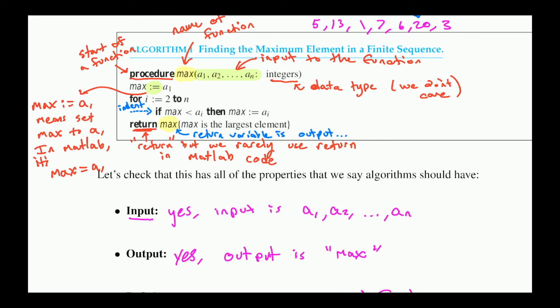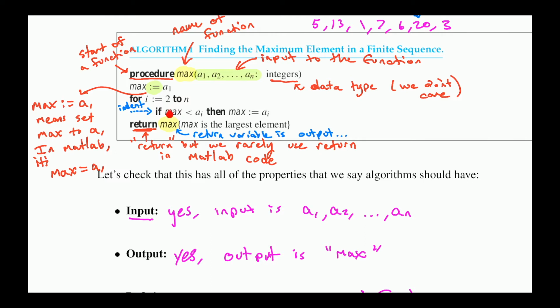But if you go through this and see how it works, you have a list of numbers, A1 through AN. You store the first one into a variable called max, and then you loop from 2 to n. So we're going to loop through every other element in the list.